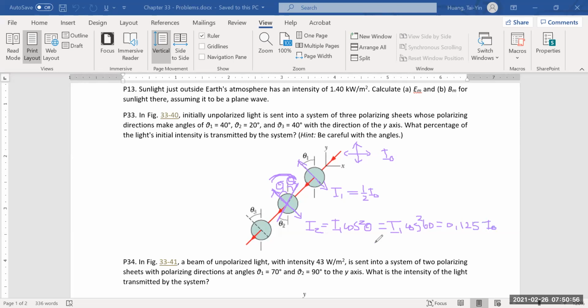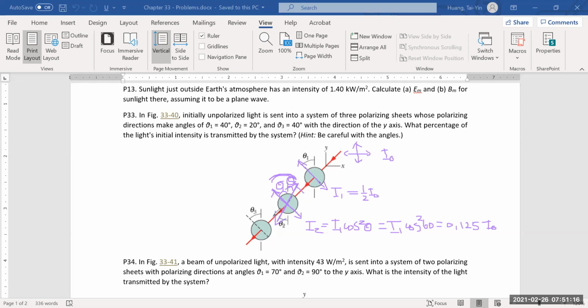Okay, and then the direction of this light will again be in the same direction as the second polarizing axis, which is this one. Okay, so we can actually draw it like this.